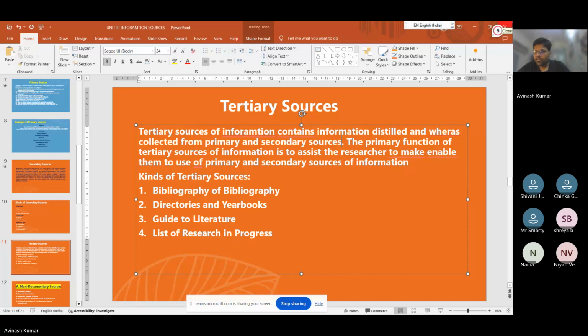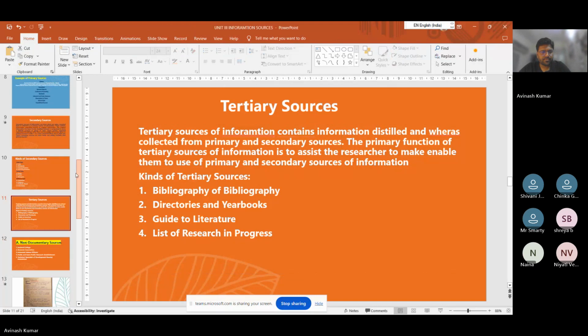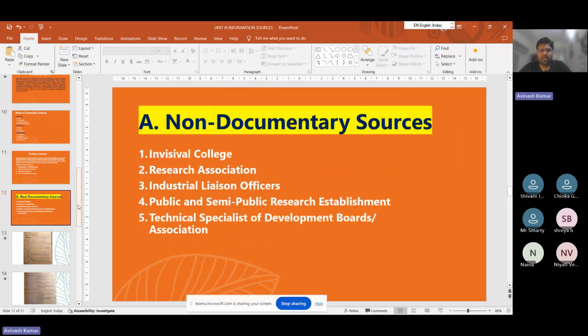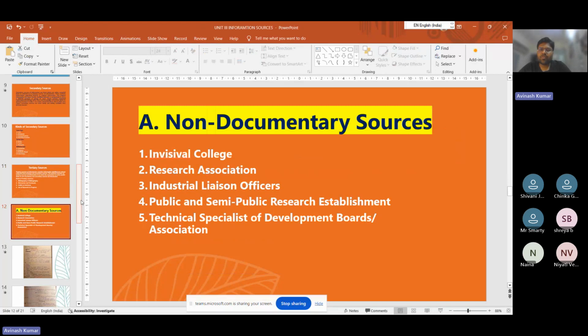Okay, so next one is non-documentary sources. Earlier we discussed documentary sources. Now, what are the non-documentary sources? Invisible college, research association, industrial license officers, public and semi-public research establishments, technical specialists of development, boards and associations. Okay, these are the non-documentary sources.